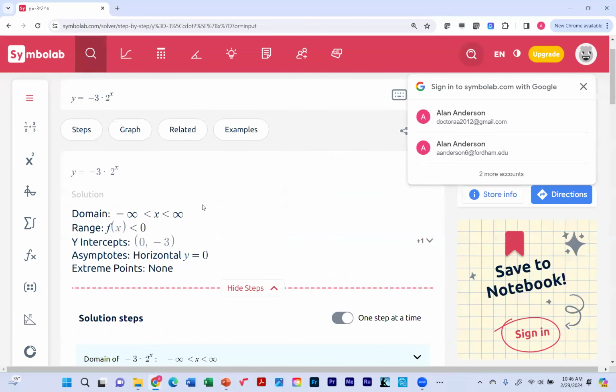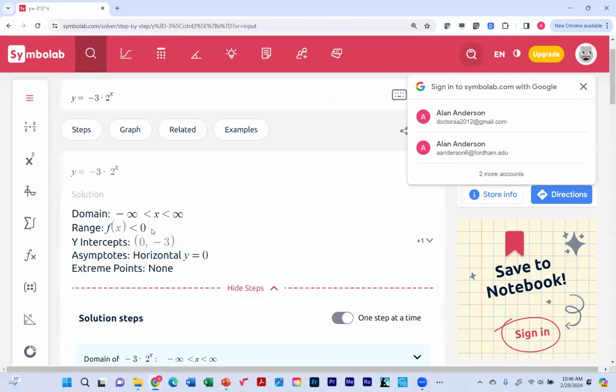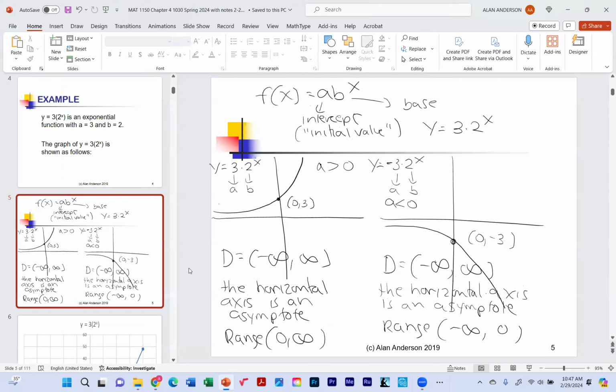It's saying you're probably interested in knowing the domain, all the real numbers. The range, they've got it listed as strictly less than zero, which is what this means. The asymptote is the horizontal axis. There are no extreme points, in other words, it doesn't have a minimum or a maximum point. So that is what two typical exponential functions look like.